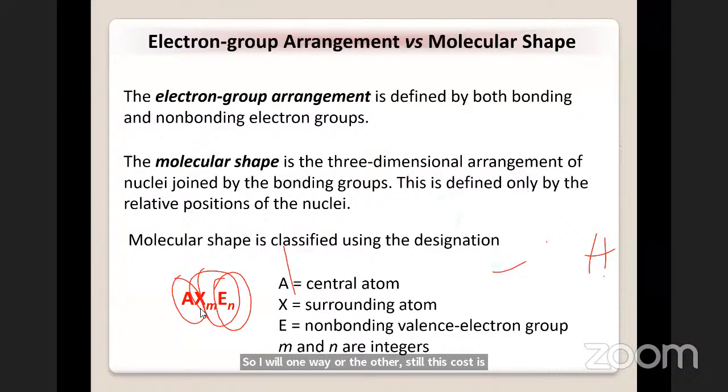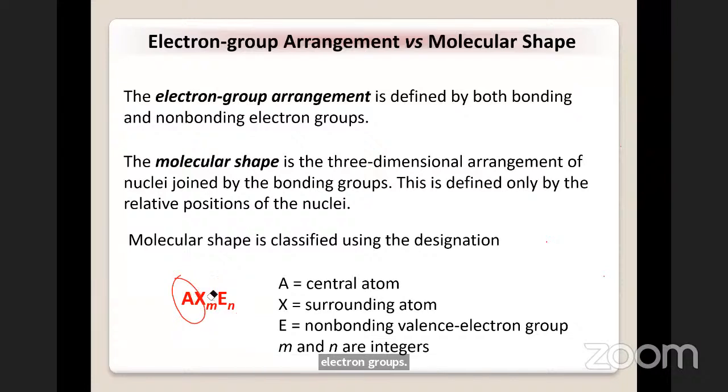So in looking at the electron group, because in the beginning of the class, I mentioned the concept of the idea of electron group. There are, in this case, 3 electron groups in this molecule that we have before us.